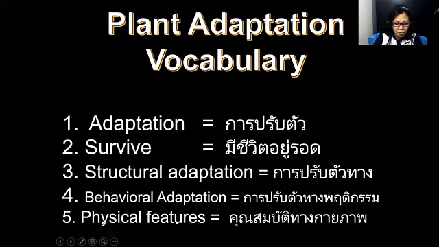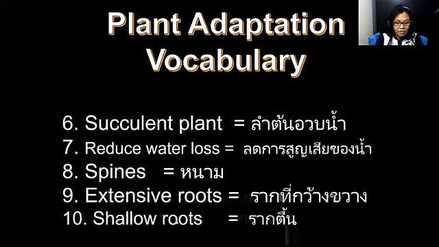All right, let's go to number 6. Number 6 word, succulent plant. Number 7, reduce water loss. Number 8, spines.